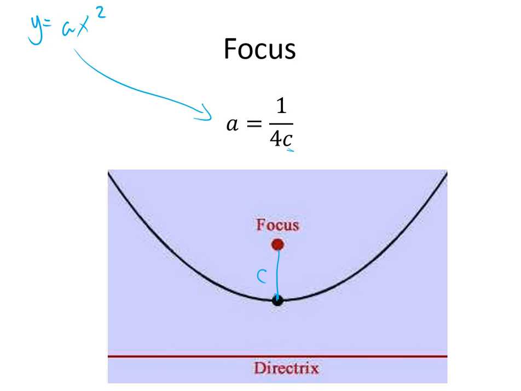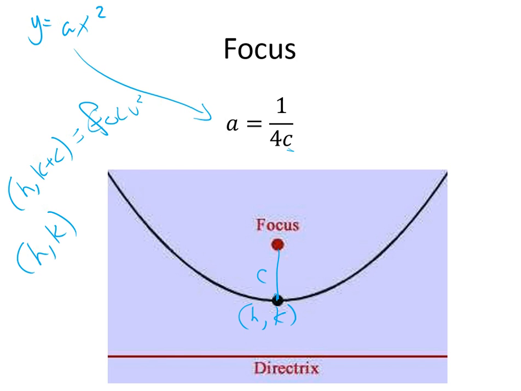So what you'll do is that whenever you know what your vertex is, which I'm going to call (h, k), if my vertex is at (h, k), if I add c to the k, so if I go k plus c, what's happening is that I'm moving it up, and that is where my focus would be, whatever my c value is.